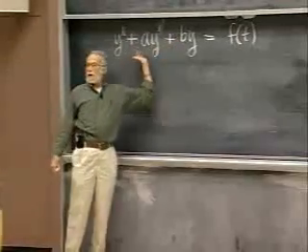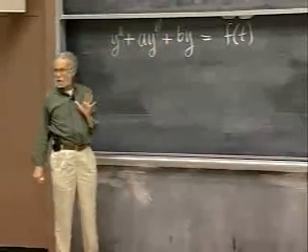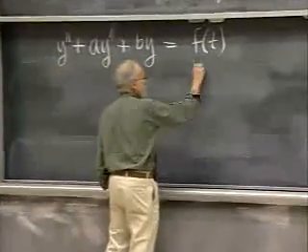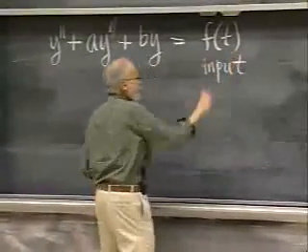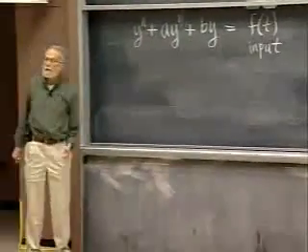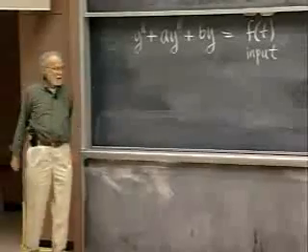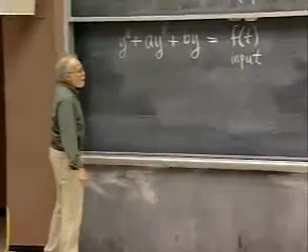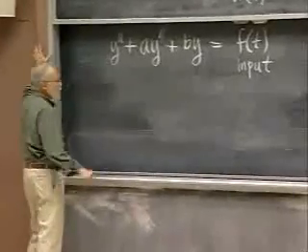Anything which produces this is modeled by that differential equation with constant coefficients, second order. This is the input. The input can be any kind of function: exponential, sine, cosine, a Dirac delta function, a sum of these things, a Fourier series, anything. The sort of stuff we've been talking about throughout the last few weeks.